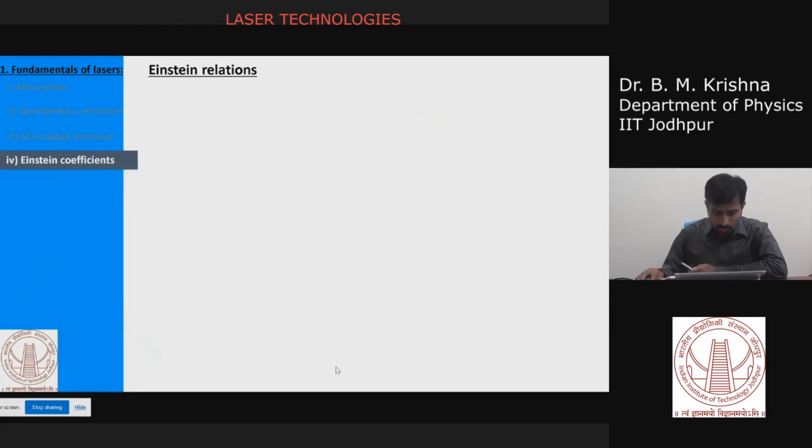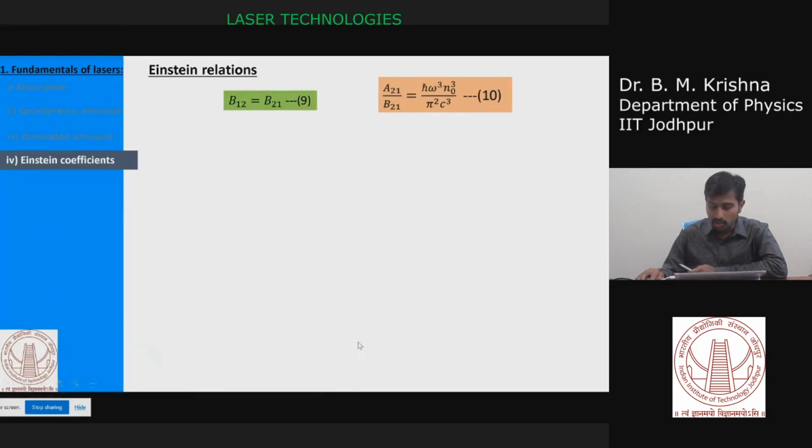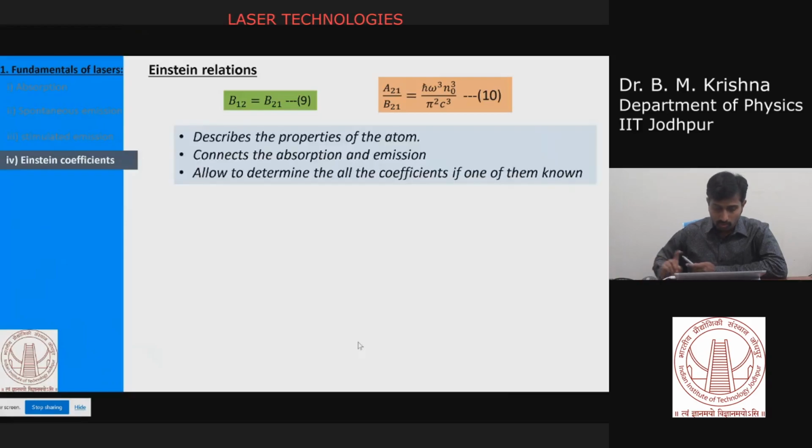Now we have the Einstein relations: B12 equals B21, and A21 by B21 equals h cross omega cube n naught cube by pi square c cube. From these equations you are able to get the properties of the atom.